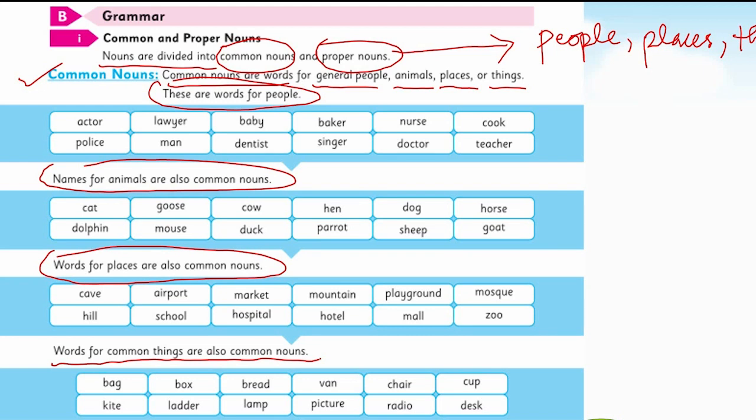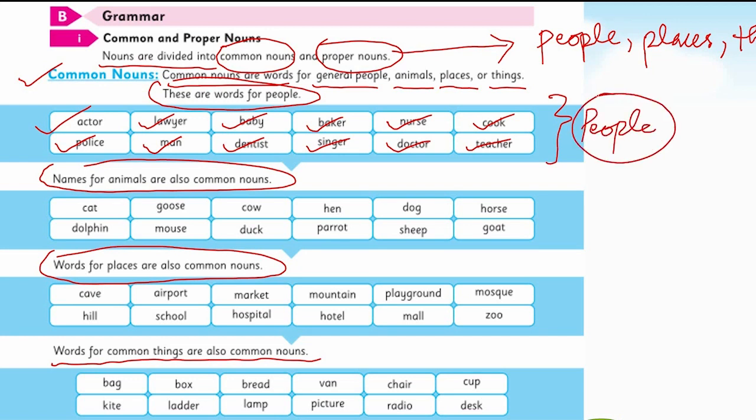For example, an actor is a person, a lawyer, a baby, baker, nurse, cook, policeman, dentist, singer, doctor and teacher. They all are what? They all are people, but they are general people.